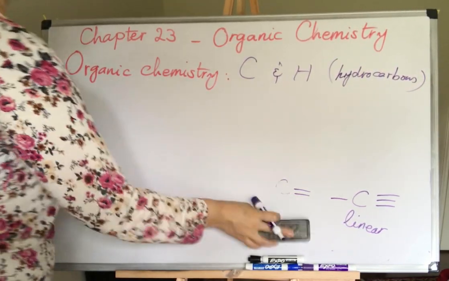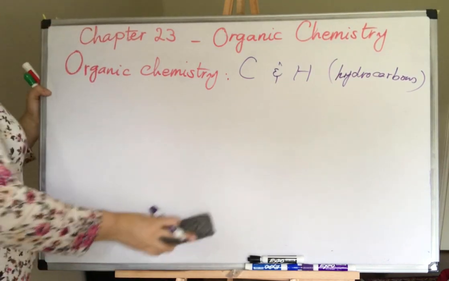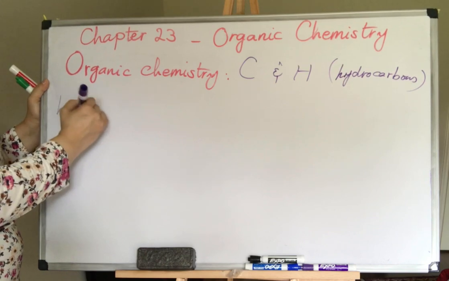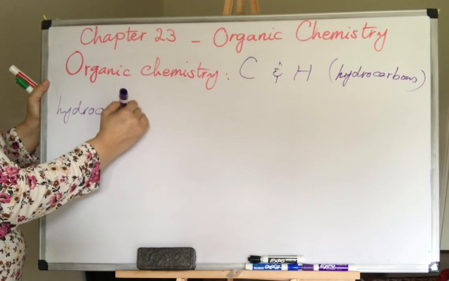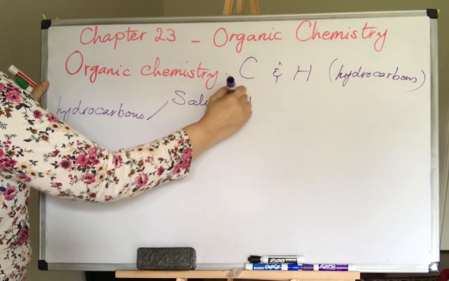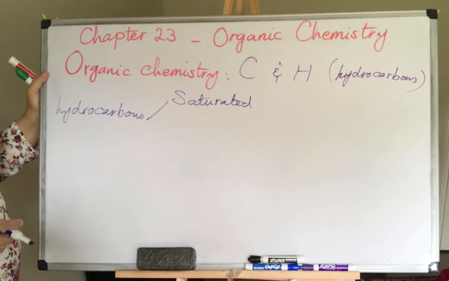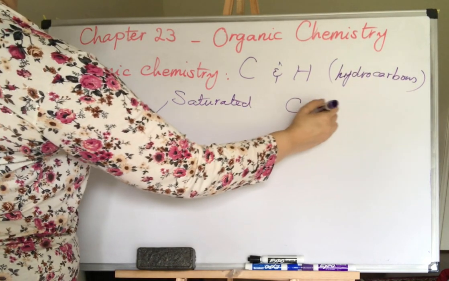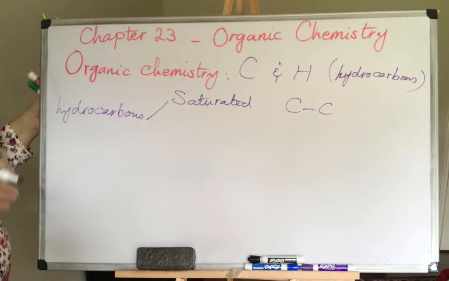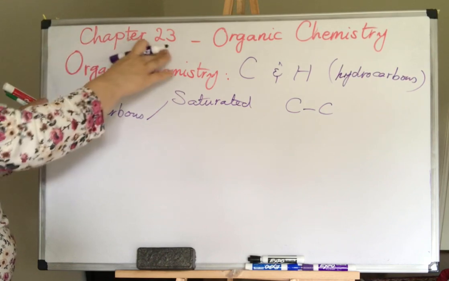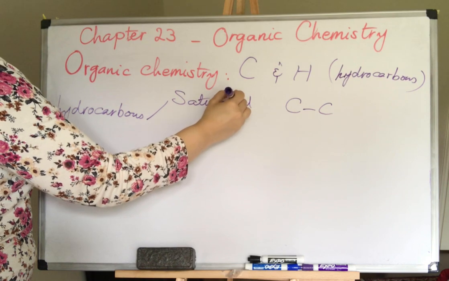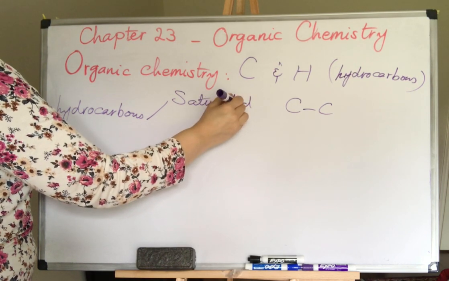Okay. Now these hydrocarbons, we're talking about the hydrocarbons. We learned about different structures and geometries around carbon, different types of bonding. Now the hydrocarbons can be saturated. Saturated hydrocarbons can only have carbon-carbon single bonds. Saturated, they're full. It's like when you're full and you don't have any gaps in the bonds here in the saturated hydrocarbons.